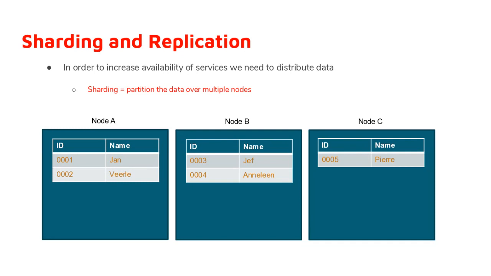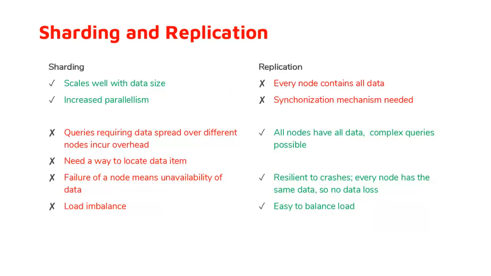If you have terabytes or petabytes of data, it's physically impossible to store it all on one server because you don't have enough capacity. So sharding is also important, like with Facebook. You have literally billions of users, I think. So that database cannot be stored on one computer. You're going to partition it over different computers.